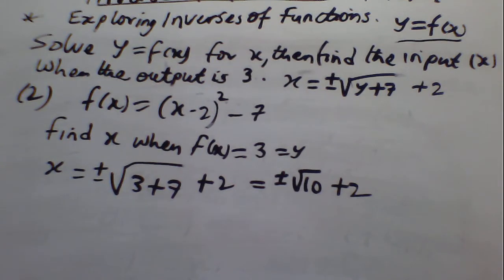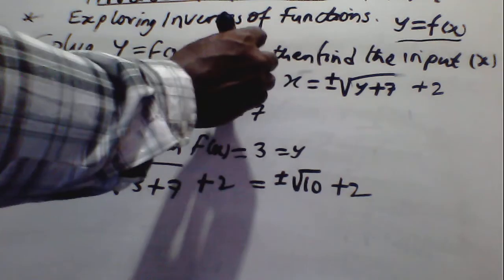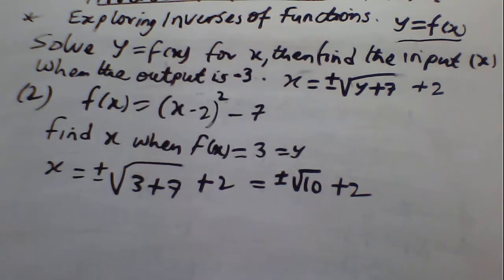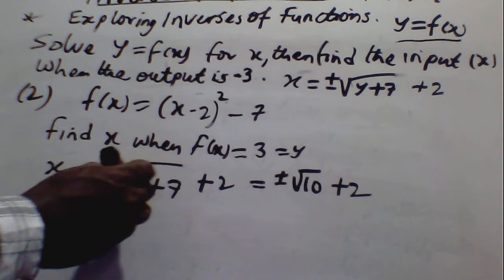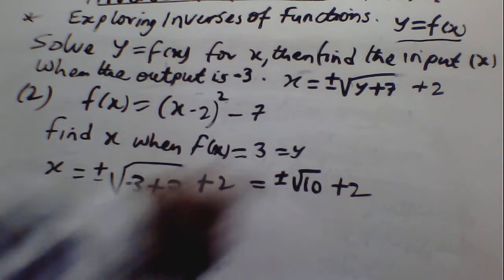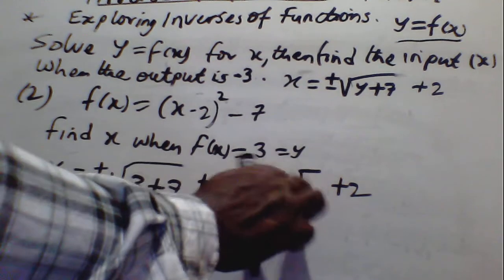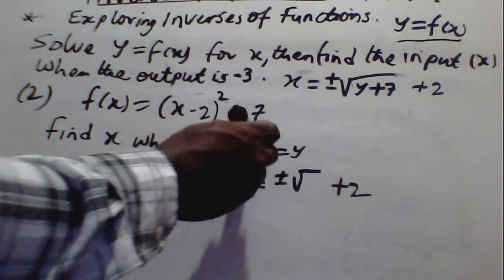Is there any mistake somewhere? What is our original value? Sorry, this is minus. Find the input when the output is minus 3. So put minus here.